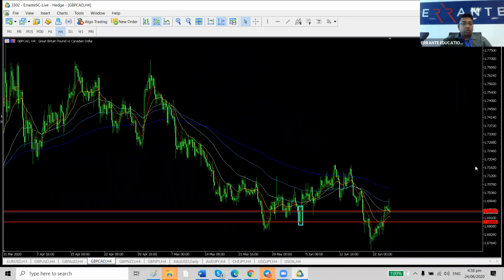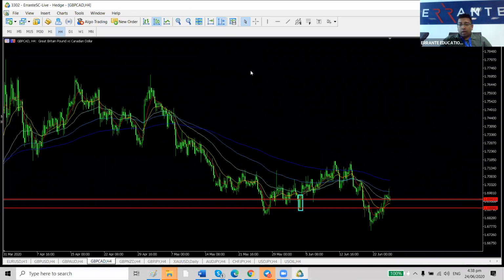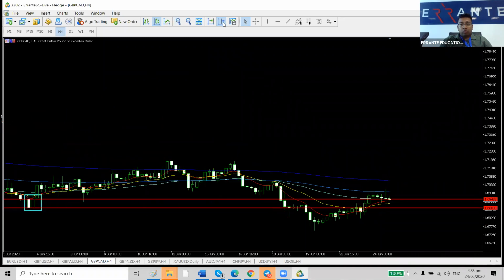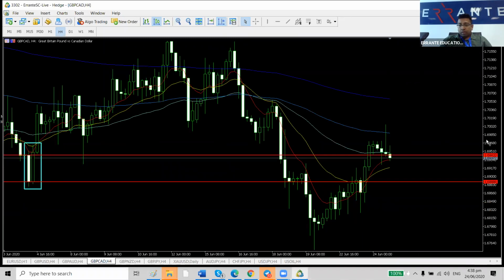If you're looking at this GBP CAD as well, it is on the way down most probably, but it needs to go under a certain level. But it looks like it is in an area that it could actually fall to the 6890 area. Okay, so yeah, you can take advantage of that as well.